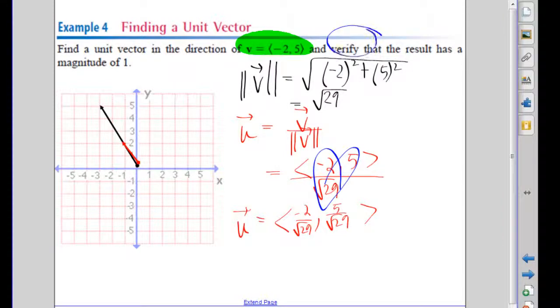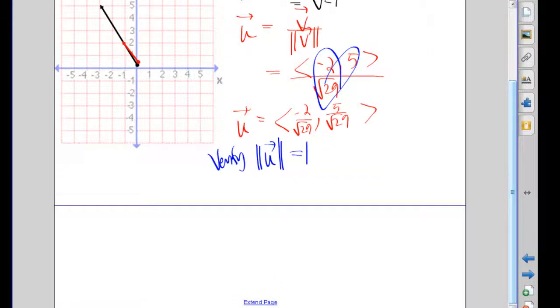Now we simply need to verify that vector u does indeed have a magnitude of 1. Because vector u is in component form, I can simply take the square root of the sum of the squares of -2/√29 and 5/√29.